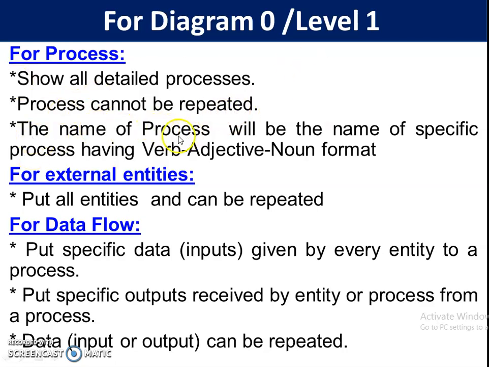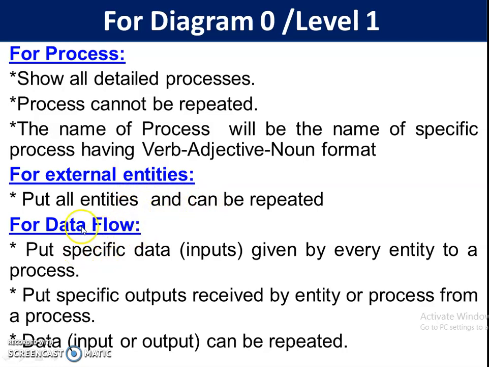And the name of the process must be named according to the specific process, following as much as possible the verb, adjective, and noun format. Then we have to put all external entities, and external entities can be repeated depending on which requires connecting or entering of data to a certain process.